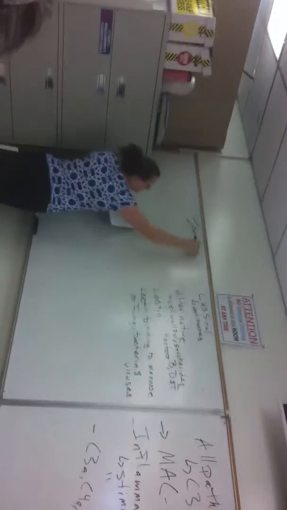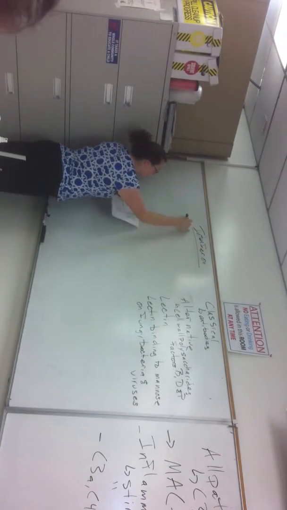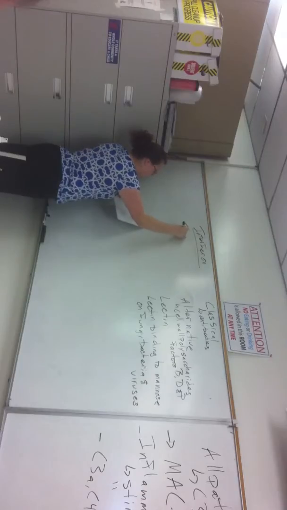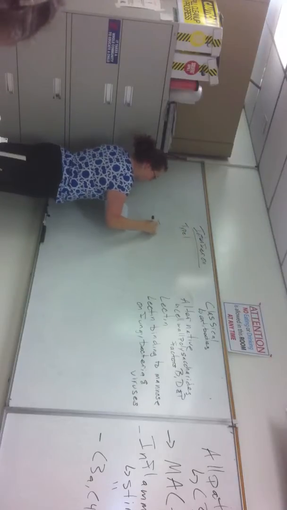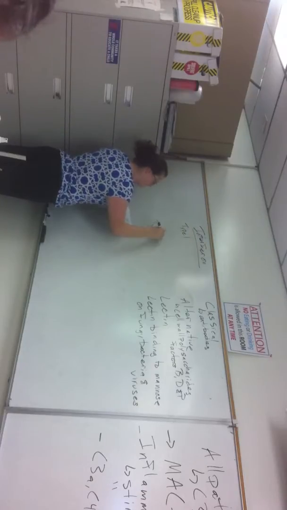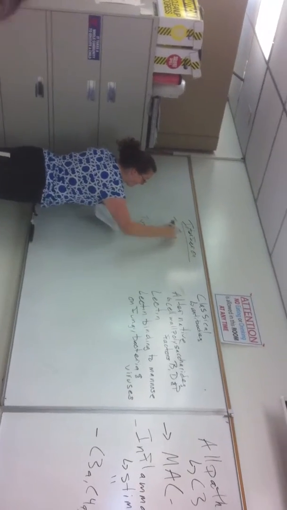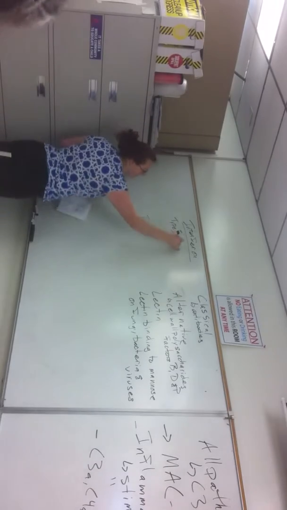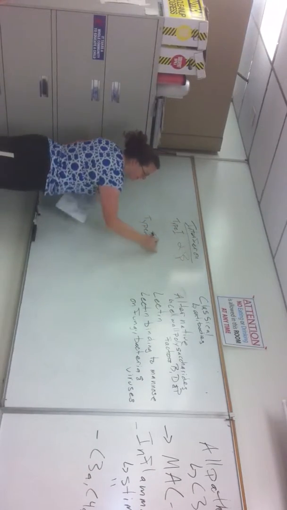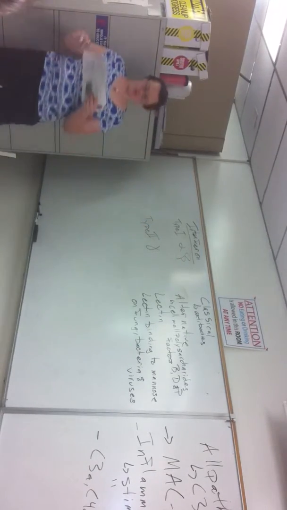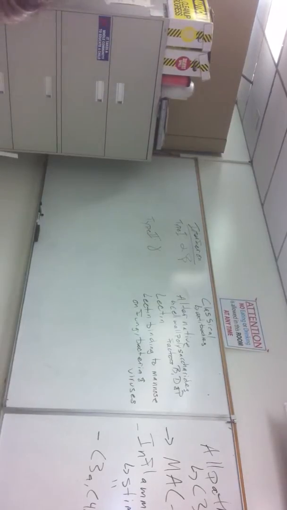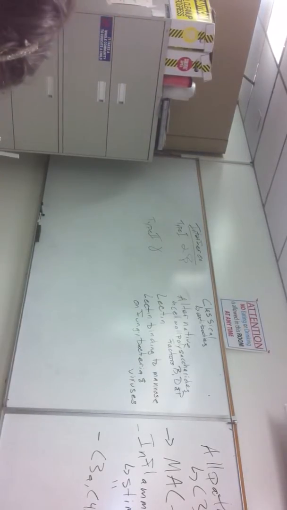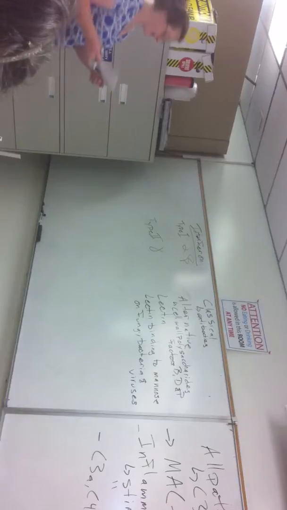Interferons. We have type 1 and type 2. We have alpha and beta, and we have gamma. Alpha and beta are produced by virus-infected cells.